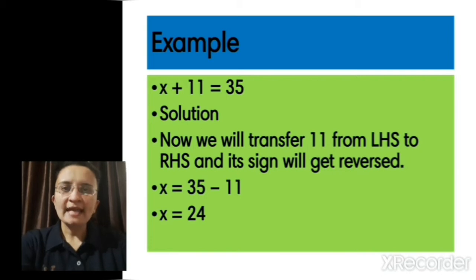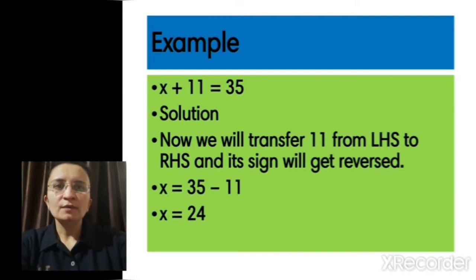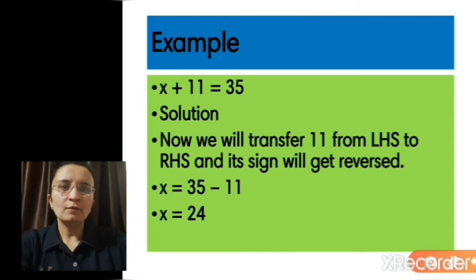Look, x plus 11 equals 35. In the previous method we subtracted 11 from both the sides. In this method we will transfer the constant from one side to another. Here we will transfer 11 from the left hand side to the right hand side. So x equals 35 minus 11.